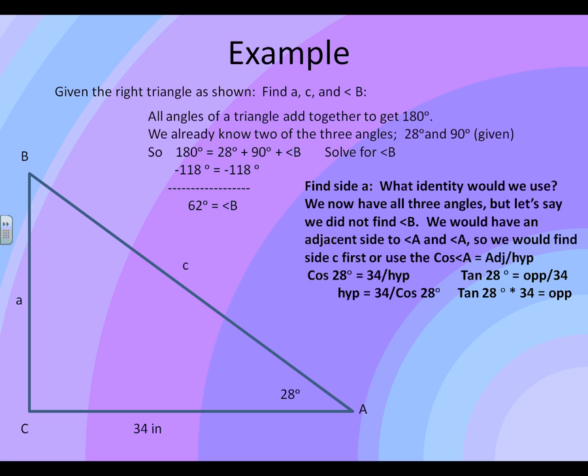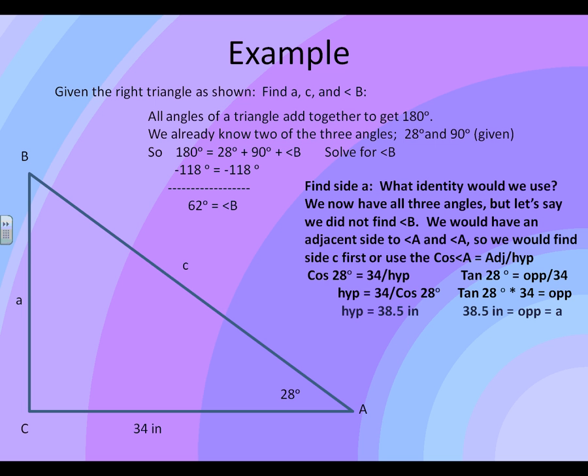Manipulating the equation for the cosine, we have the hypotenuse equals 34 divided by the cosine of 28. And solving for the opposite side in the tangent function, we simply multiply both sides by 34.